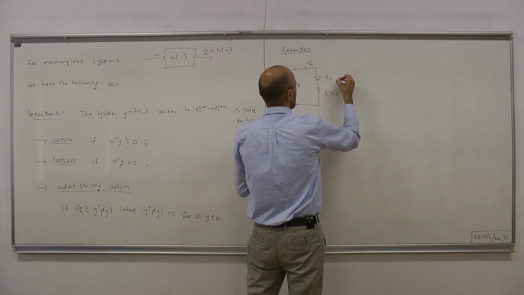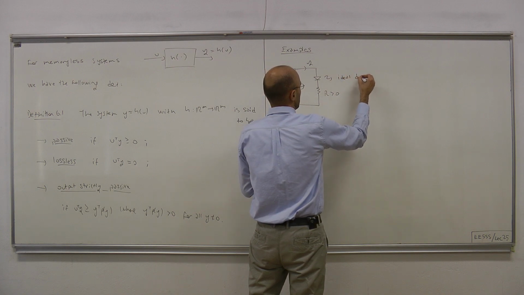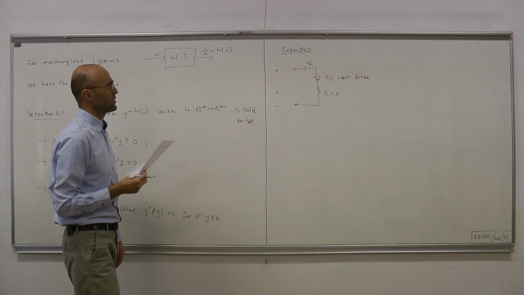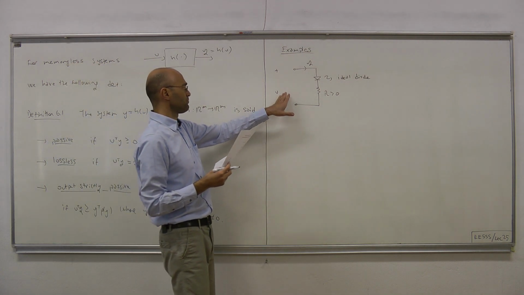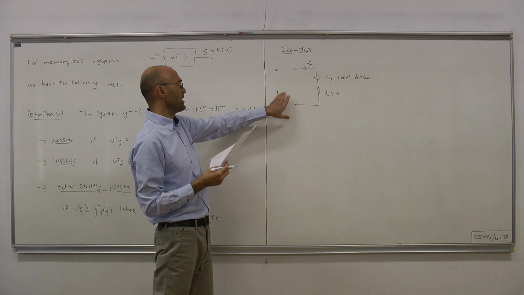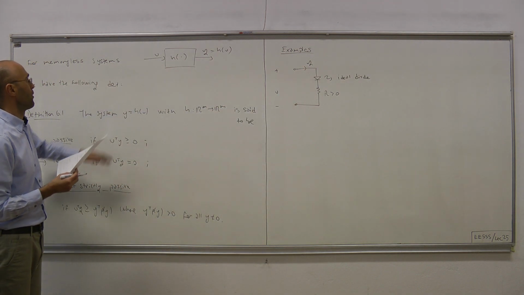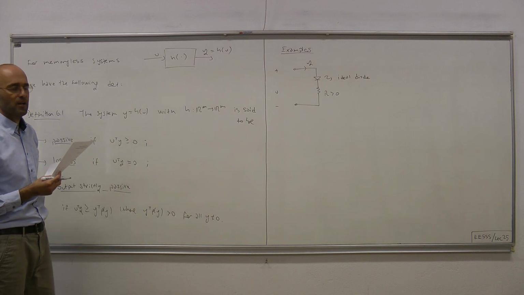This is the diode. So let's check whether, for the case where input and output are defined this way, that system or that mapping is passive or not.